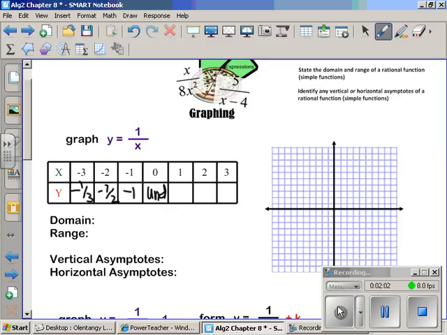If I plug in a 1, I get 1, then I get 1/2 and 1/3. If I graph those, it would look something like that, and then over here it would be like this. If I plug that into the graphing calculator, that's exactly what I would get.